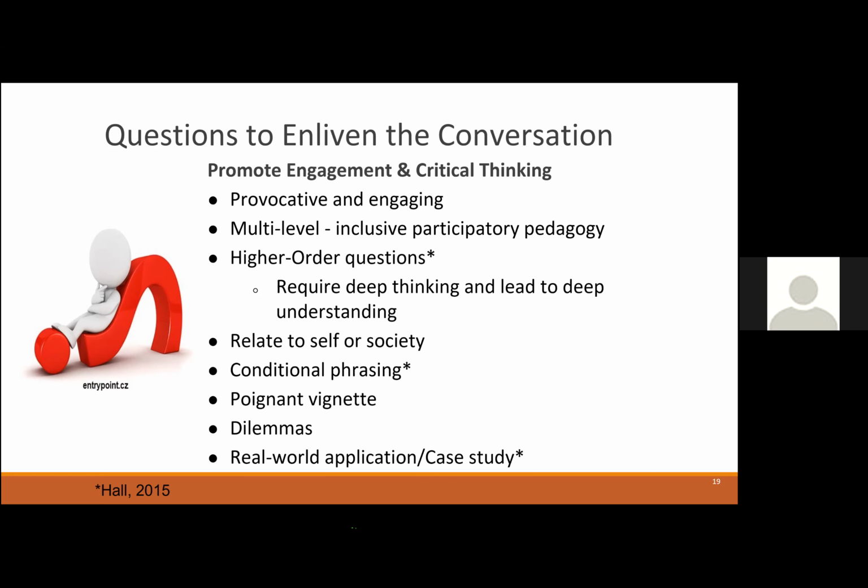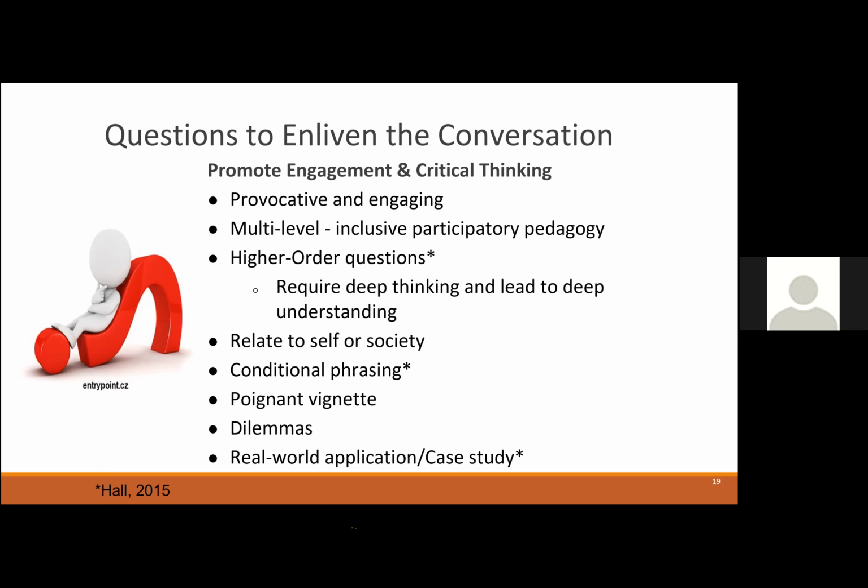They really enliven the discussion, and you can do that by conditional phrasing, which is an excellent tool. What would happen if everyone did this, if everyone did that, or whatever. Or you can have them relate the material to themselves, their current lives, their future lives, and their careers, society at large.